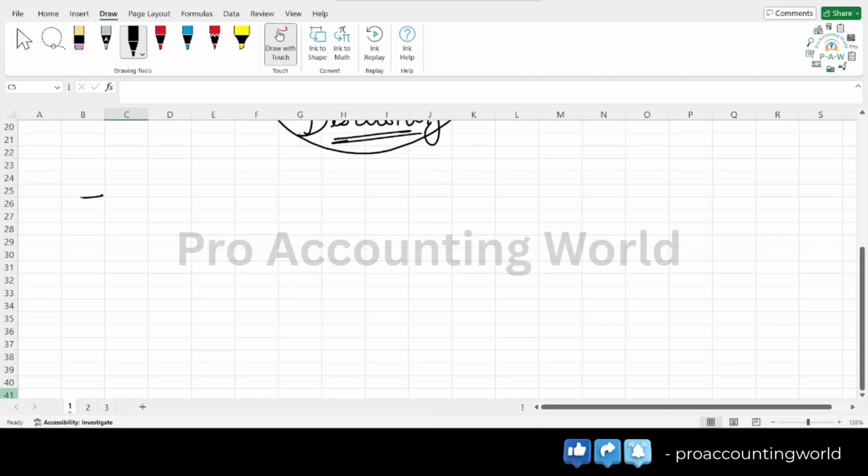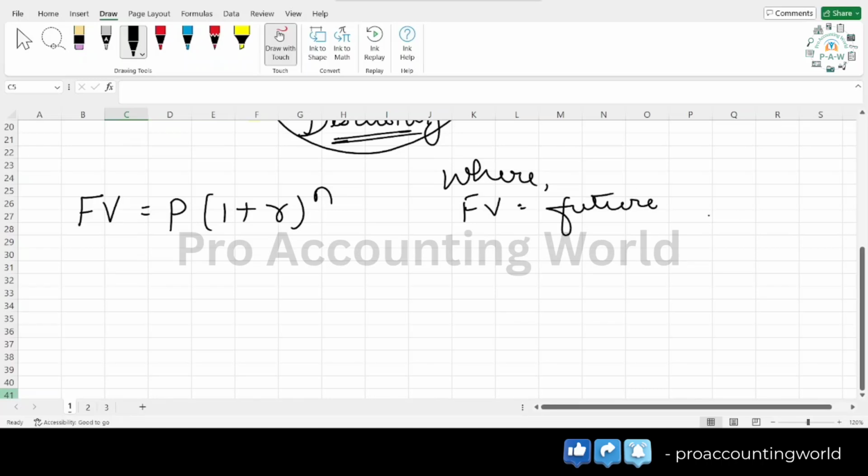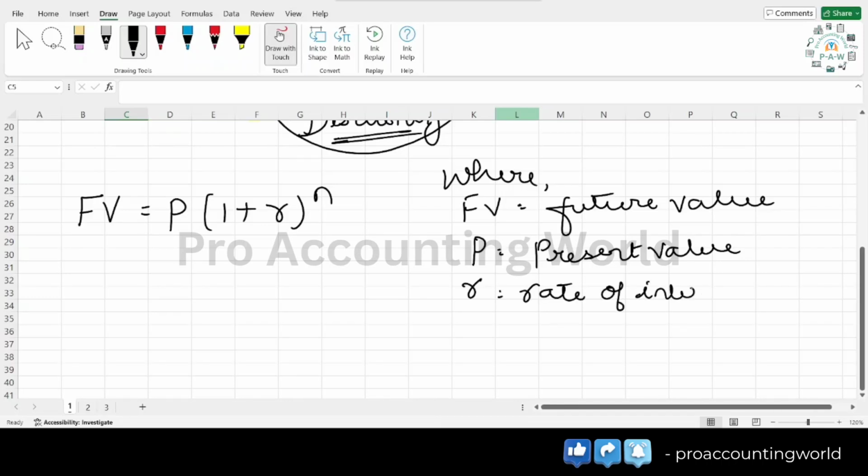You must have studied a formula called FV is equal to P (1 plus R) raised to N. Where FV stands for future value, P is the principal amount, the amount you have today to invest, which is your present value, R is the rate of interest, and N is the number of years.